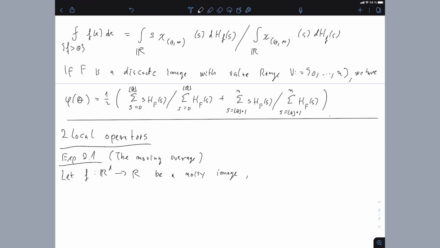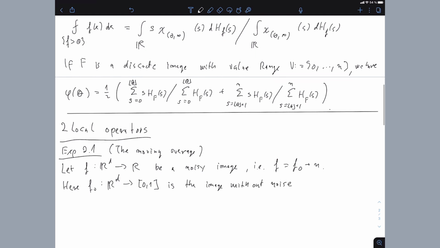F, and the fact that it's noisy means that F is some F0 plus some noise term. F0 goes from R^D to [0, 1] and is the image that we're looking for, the image without noise.